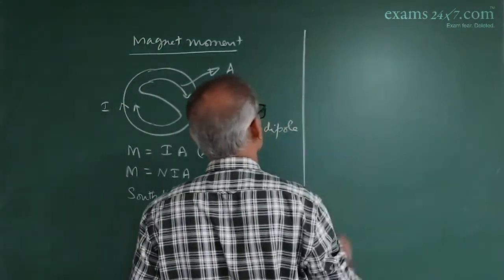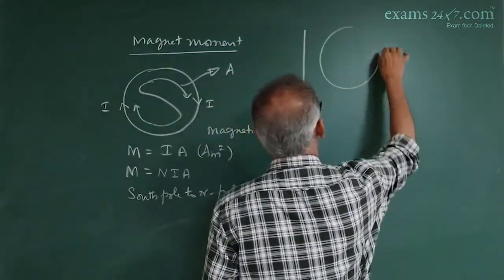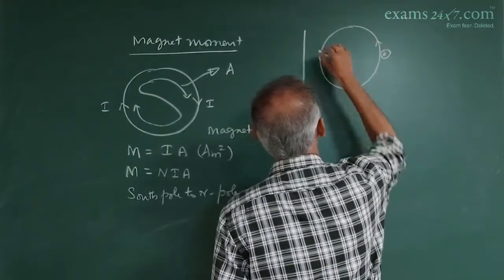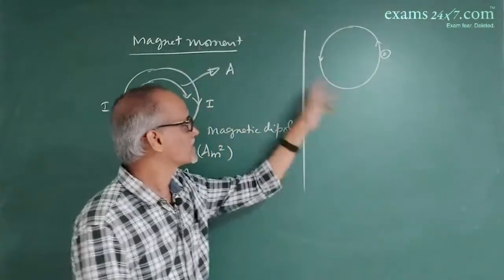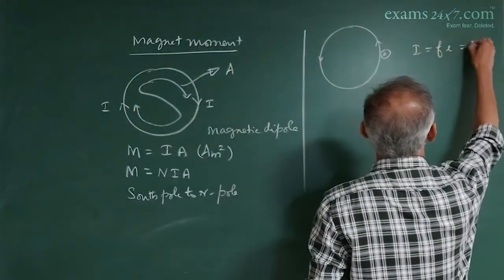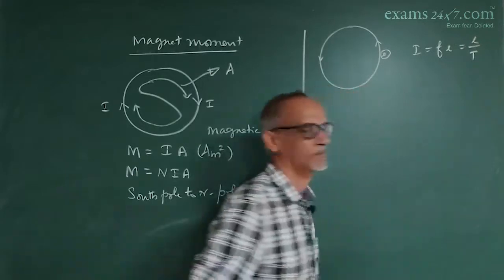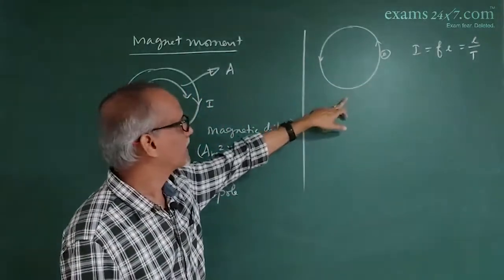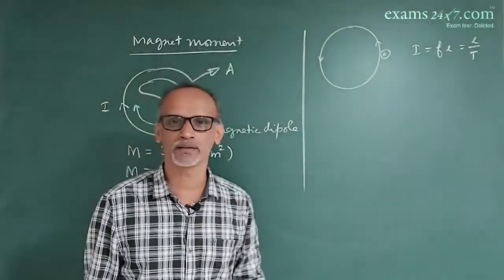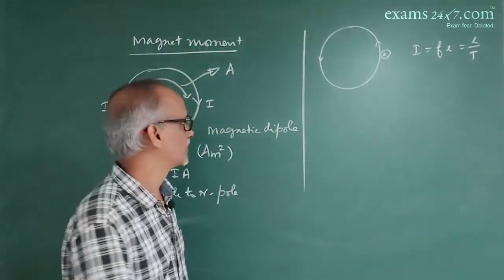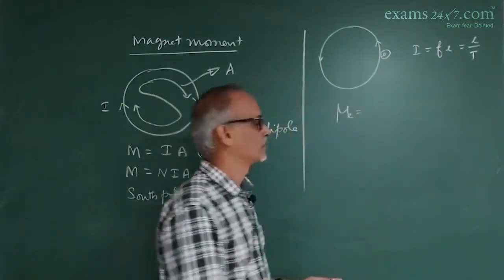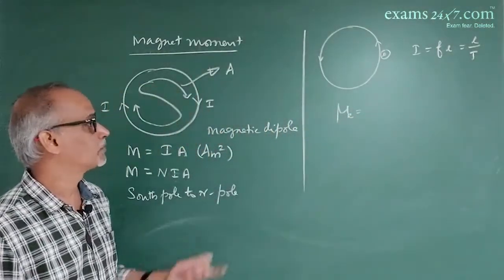Now, similar to this, when an electron revolves in a circular orbit, it produces a current which is given by I is equal to Q by T, that is e by T. So a moving electron acts like a current loop, so that's why it produces a magnetic field as well as a magnetic moment, which we denote by mu suffix L. What is the magnetic moment of a revolving electron?